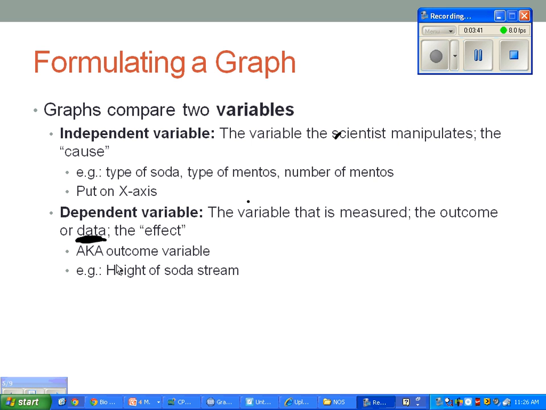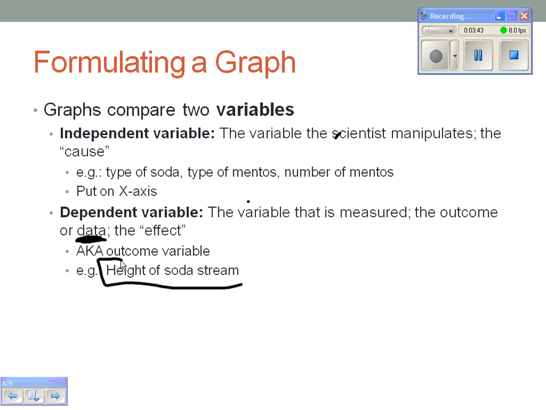The reason why it's called dependent is because this variable, the height of your soda fountain, depends upon which type of soda you put in your experiment. So the height, you know the soda is going to go higher if you use Coke Zero instead of regular Coke. So the height of the soda is dependent on the type of soda you're using.